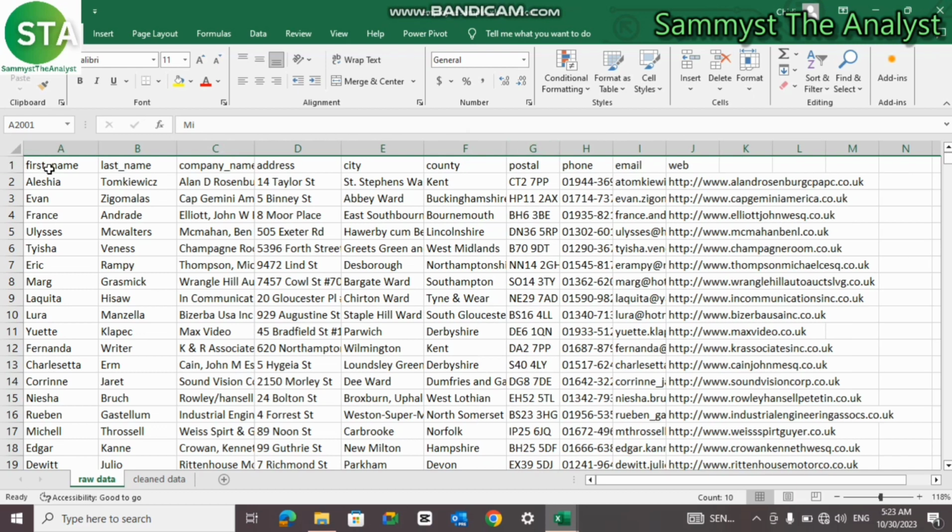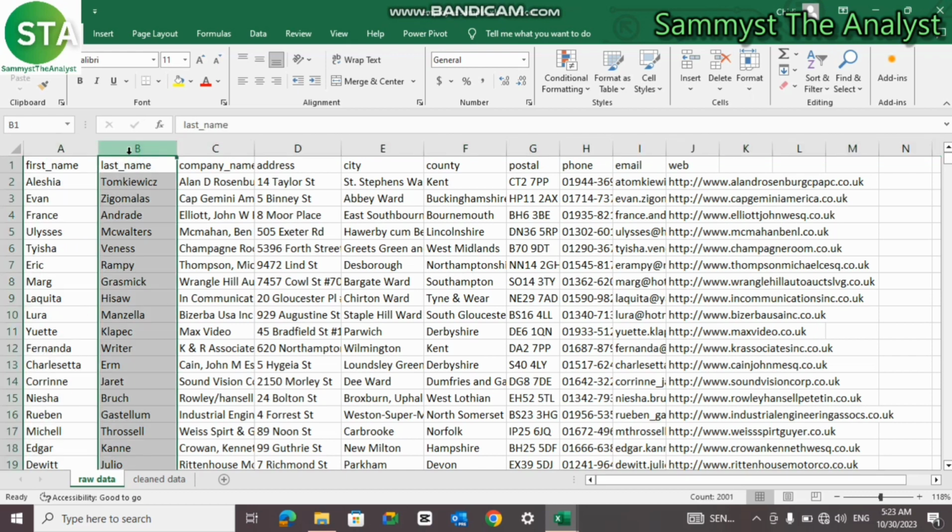So for critical thinking, we look at the data sets. There are 2,000 records of employee data here. You have the first name, you have the last name. These columns are important. You see the company name, so these are different companies where these persons are working.